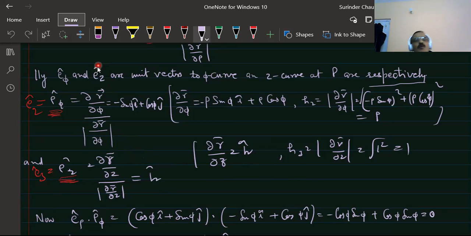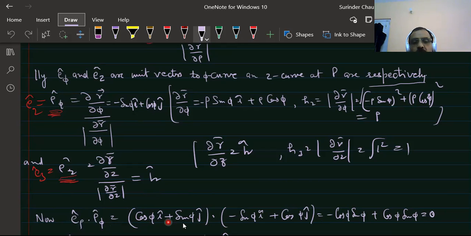Now we have calculated the unit vectors tangent to the rho curve, the phi curve, and the z curve. Now we'll show that they are orthogonal, so find the dot product.